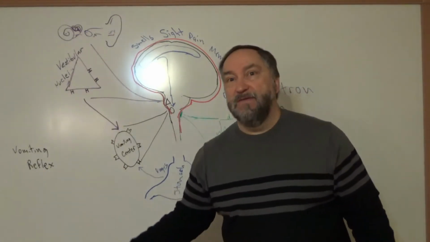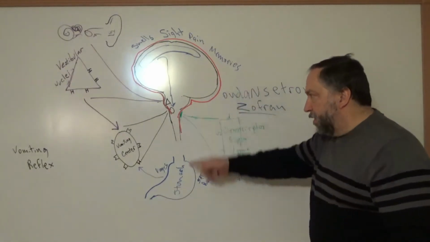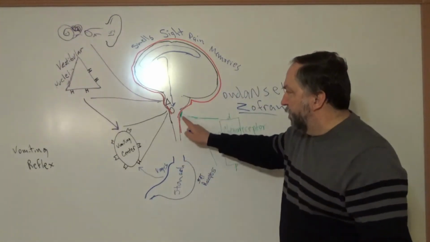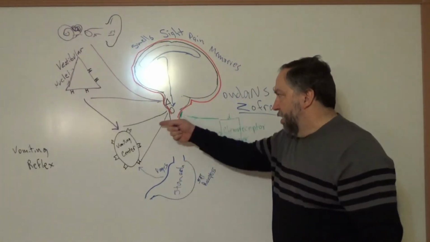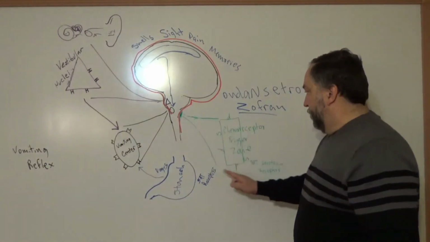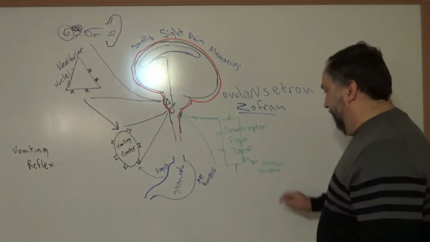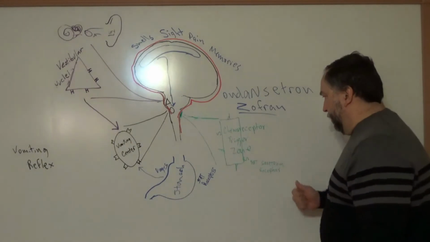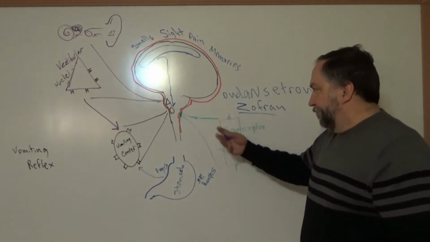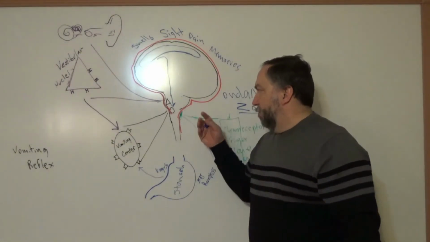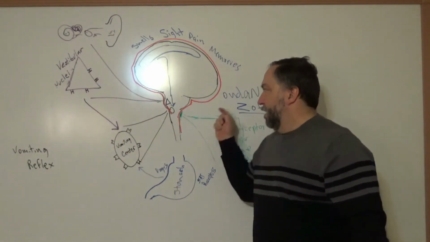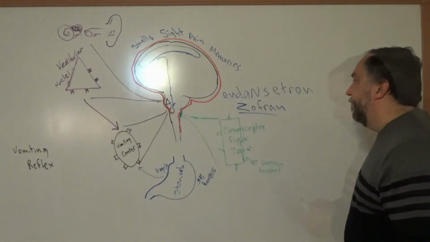Because you know the morphine is going to come through here, it's going to be in the blood, this is going to detect it, say, whoa, let's vomit, boom. But by doing this, you can block these 5-HT serotonin receptors, and so they won't pick this up. They won't get stimulated because they're being blocked, and the message won't go forward.